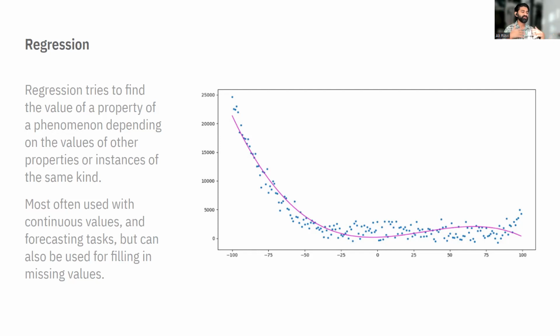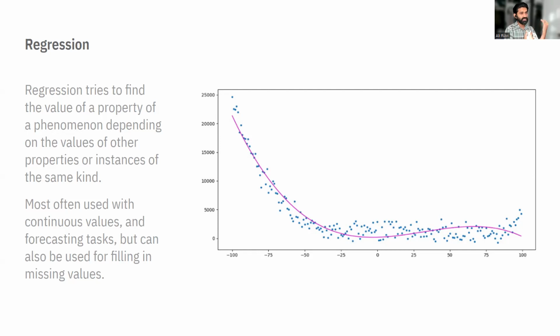When people think of stock market prediction, that's a regression task. When people think of how much rainfall might happen in a particular location, that's a regression task. When people are thinking about the evolution of land use or household incomes, these are all examples of regression tasks because continuous numbers are involved.